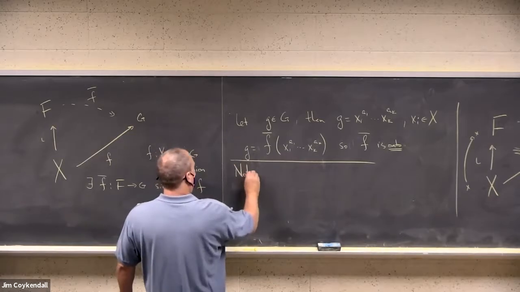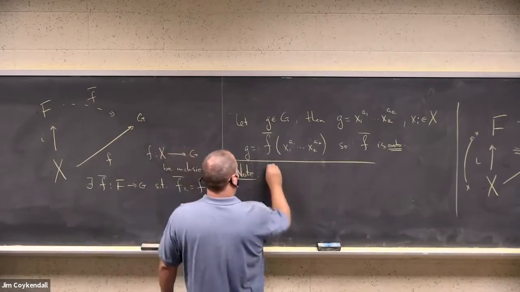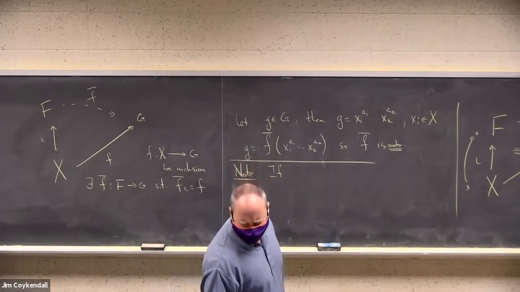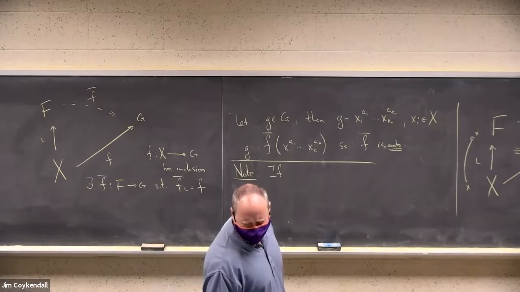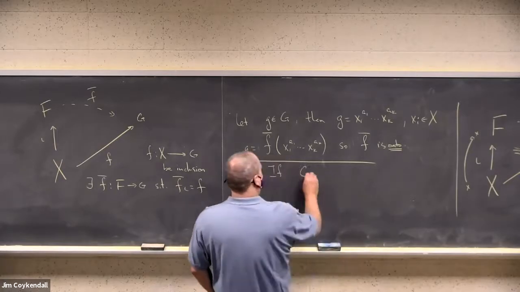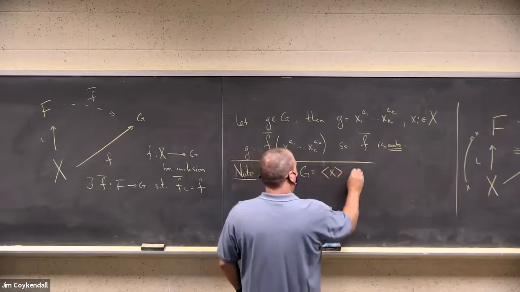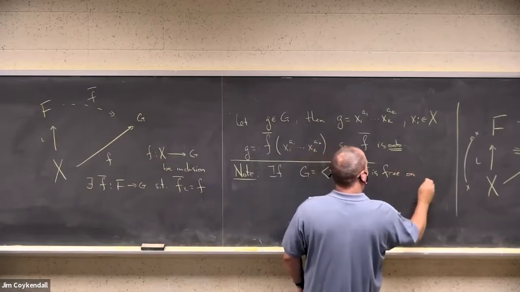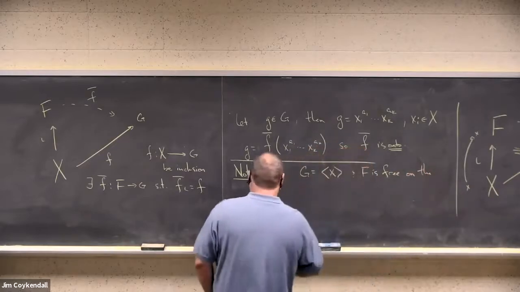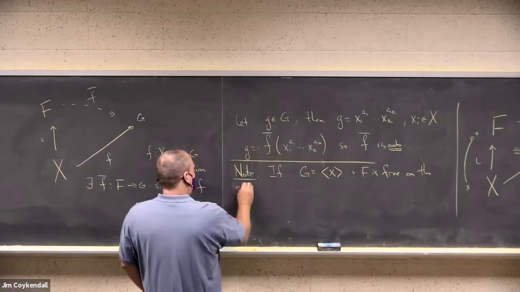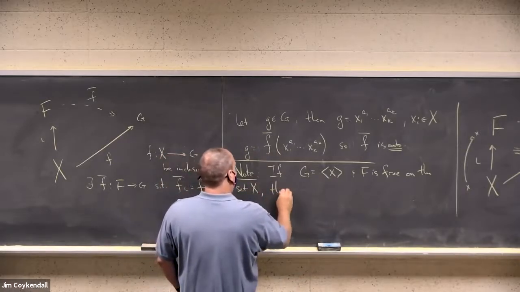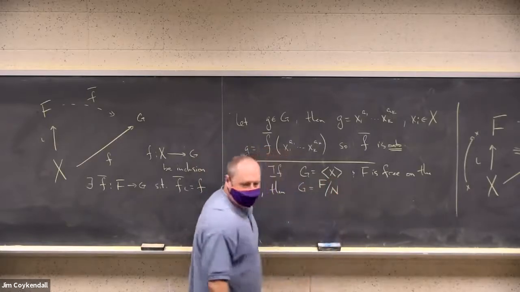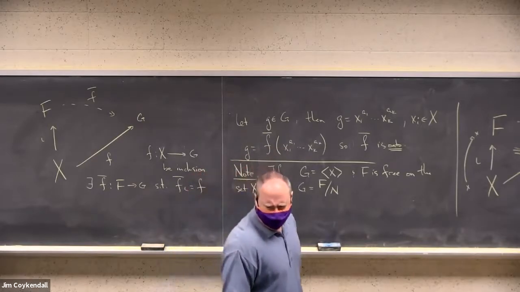So if G is generated by X, and F is free on the set X, then G is isomorphic to F mod N, where N is the kernel of F bar.